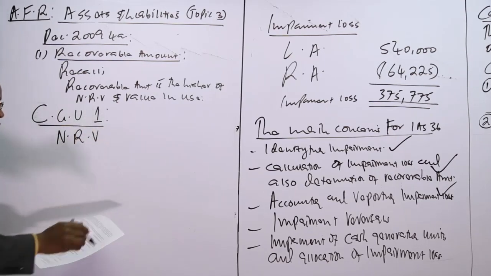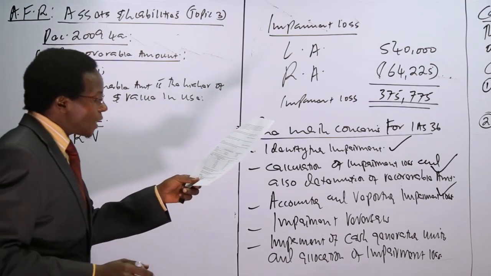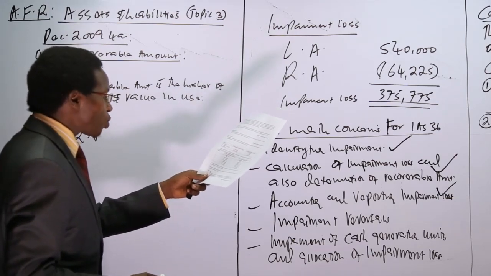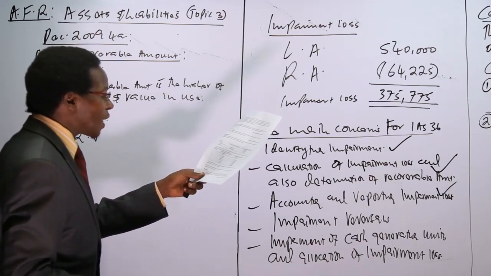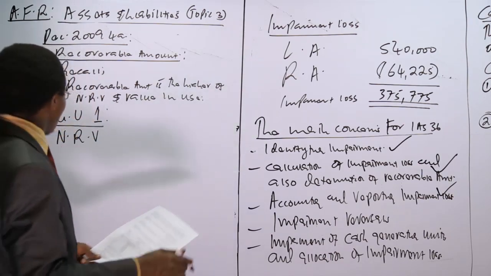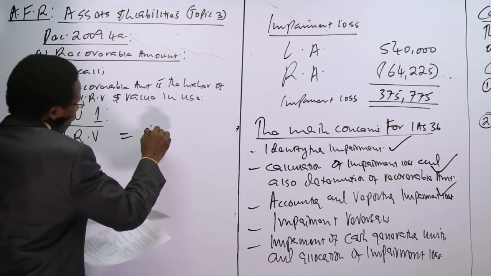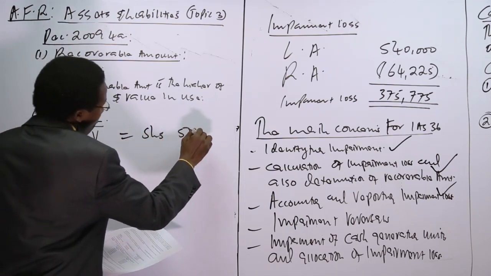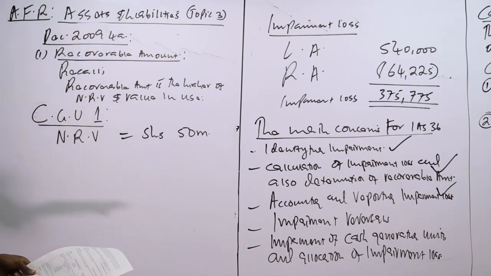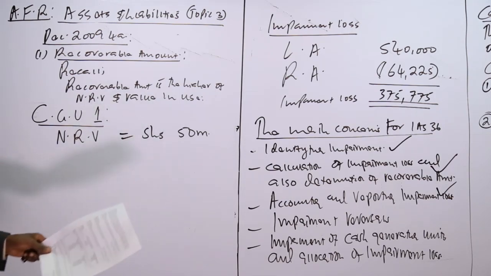The net realizable value we were given in the second last paragraph, where we have been told the net realizable value of the net assets of cash generating unit 1 is 50 million and unit 2 is 70 million. So this one we have 50 million shillings. We have taken into account the market price and subtracted the expenses we are likely to incur in order to sell, and that's the net realizable value.